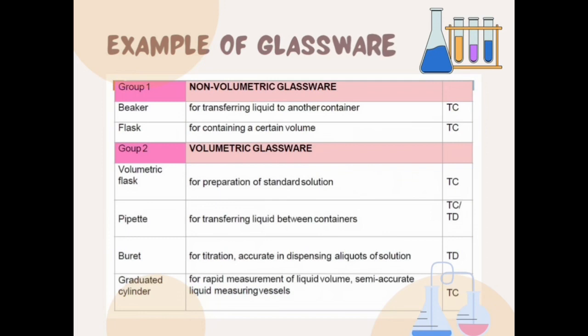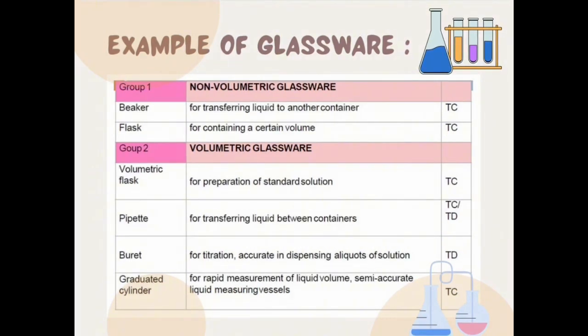This slide shows the classification of laboratory glassware into two main categories, non-volumetric and volumetric. Non-volumetric glassware include beakers and flasks, which are typically used for transferring or containing liquid without precise volume measurement, marked with TC, to contain. On the other hand, volumetric glassware include instruments such as volumetric flasks, pipettes, burettes, and graduated cylinders. These are used for accurate measurement or transfer of specific volumes of liquid.